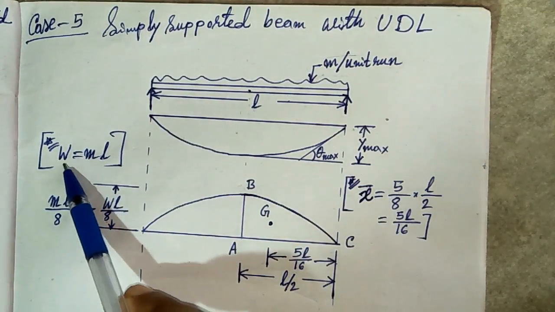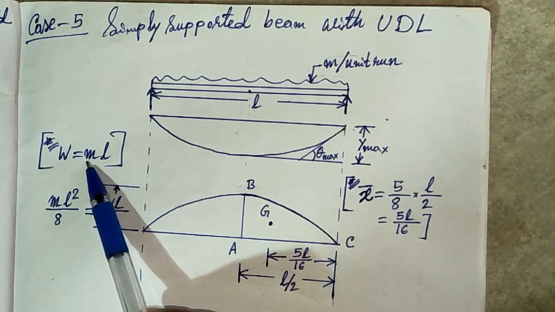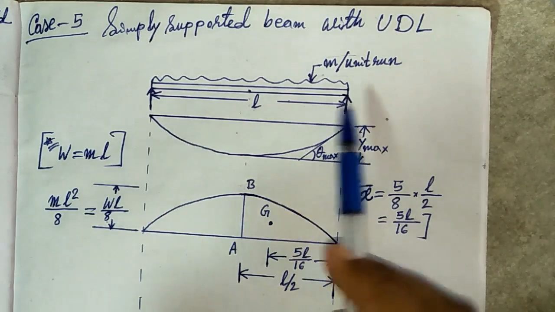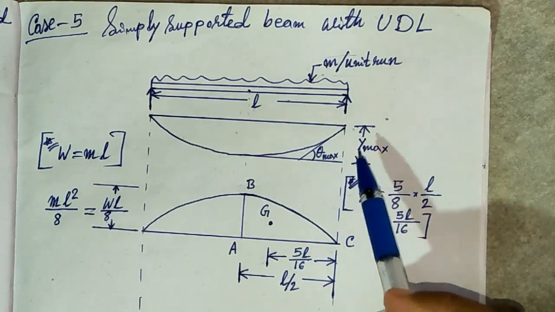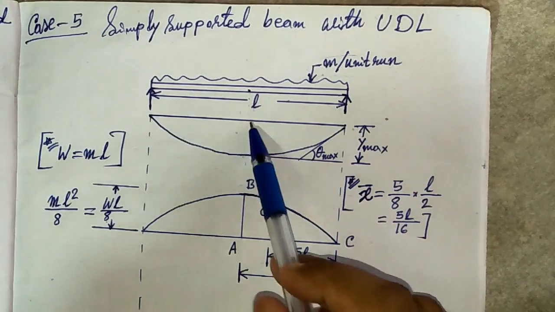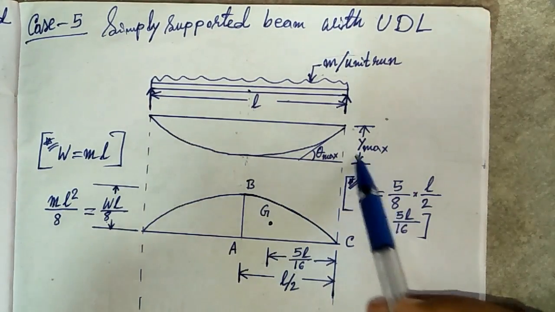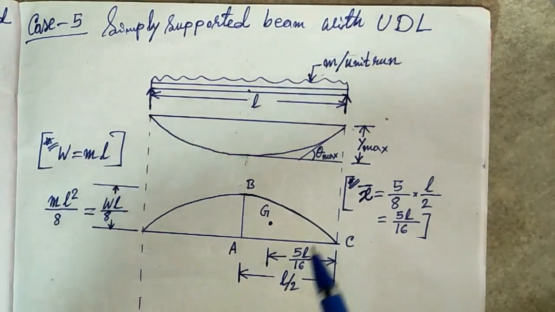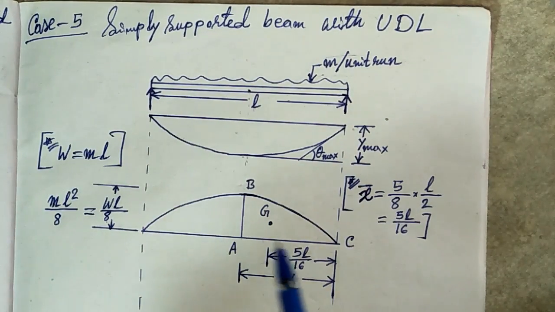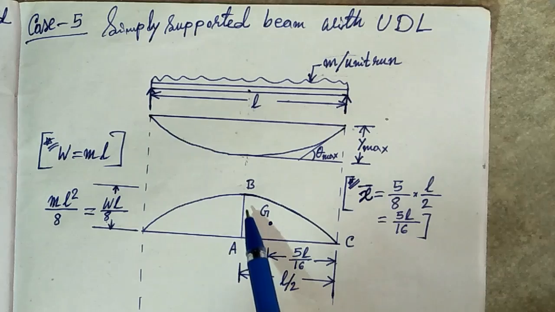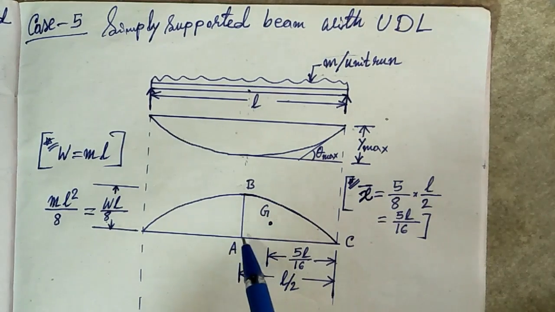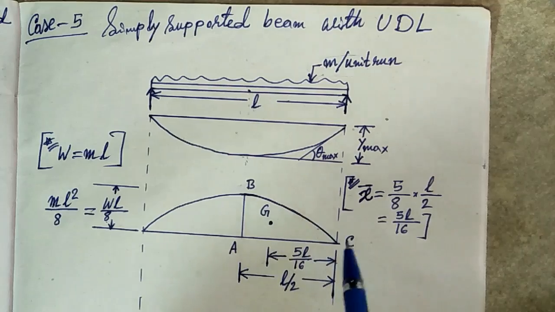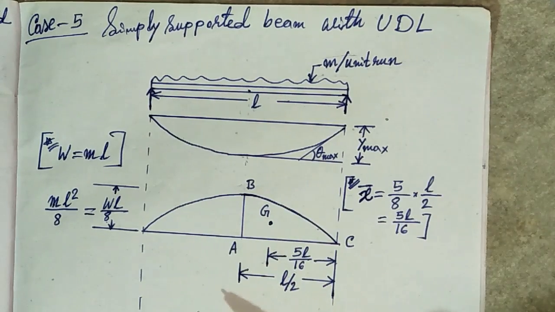So the total load, capital W, is equal to w into L. The deflection is maximum at the midpoint, that is Y max, and the slope at the end points is theta max. This one is the bending moment diagram. We are considering the right portion, that is the section ABC.